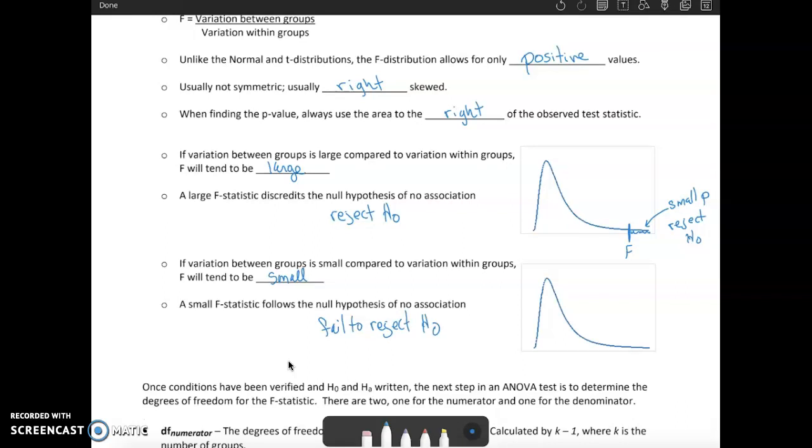So again, in the visual representation, a small F value would be very far over here, let's say to the left, meaning that there is a lot of area underneath this curve to the right. A large p would be associated to that, and we again know from prior information that large p-values lead to failing to reject the null.